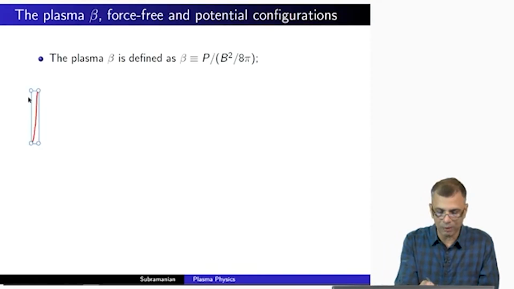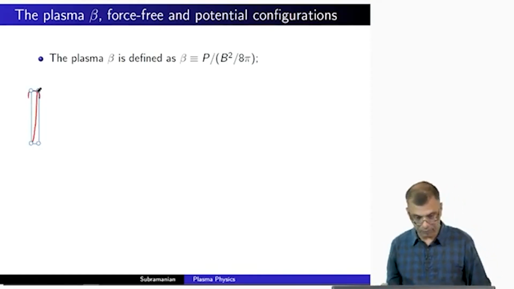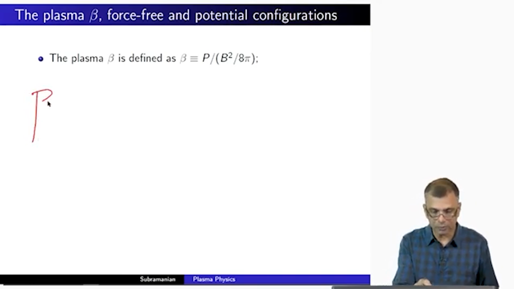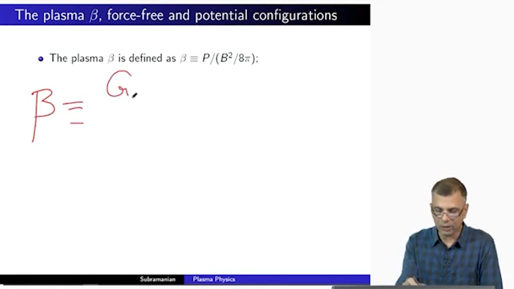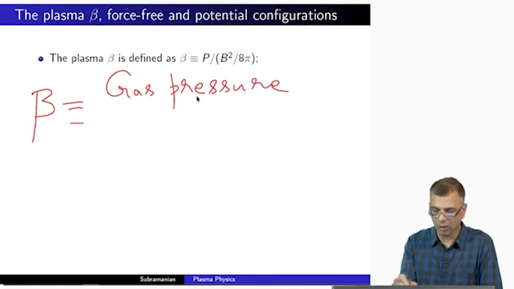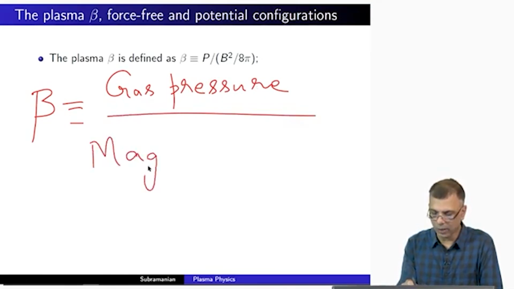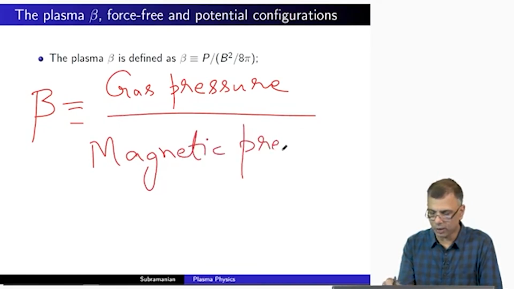So, plasma beta is gas pressure over magnetic pressure. That is what the plasma beta is.